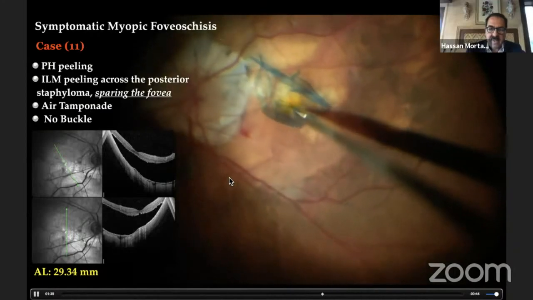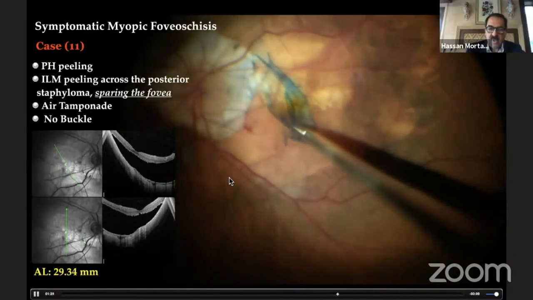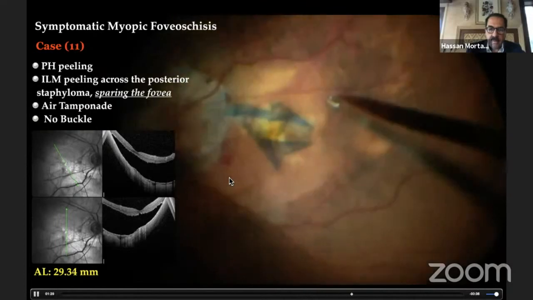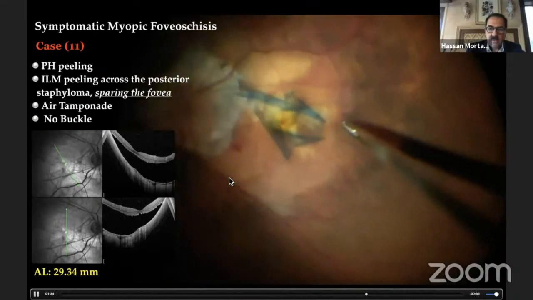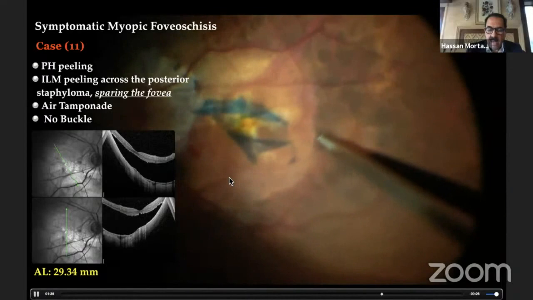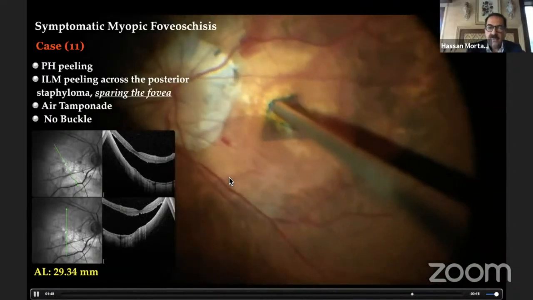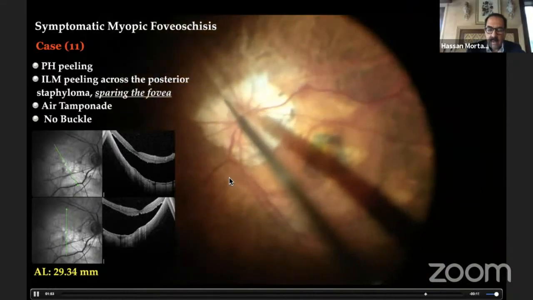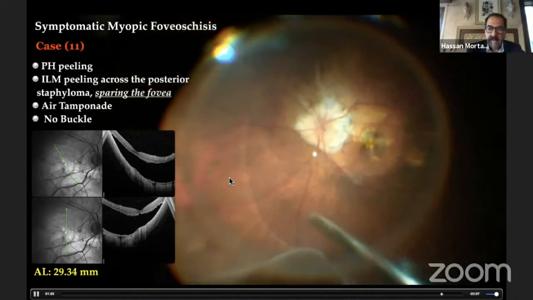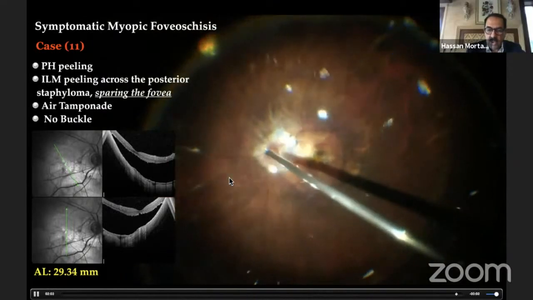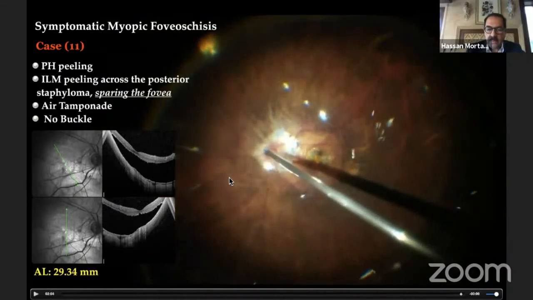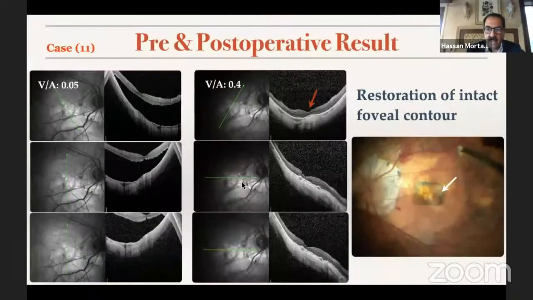Well, this is not enough to relax the posterior retina, so we started to peel the internal limiting membrane till the edge of the staphyloma, and then trimming of the ILM. PFCL is injected in order to keep the retina stable, then vitrectomy, and then fluid air exchange.